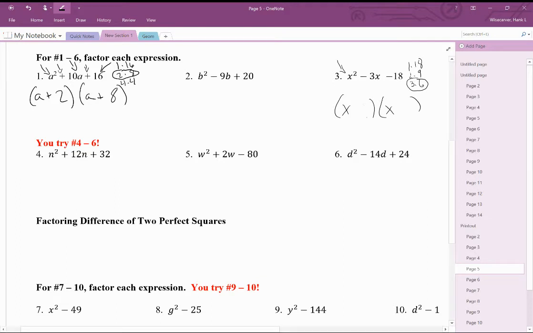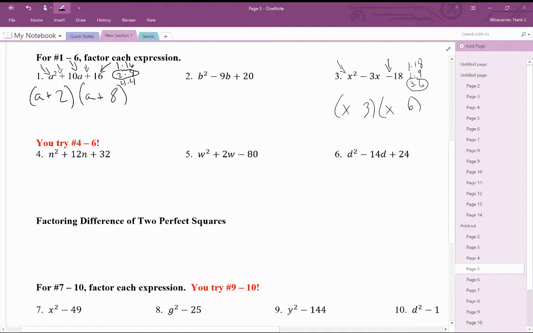Well, we know the numbers now. So 3 and 6, doesn't matter where I put them. With the first problem, when it's positive, it means they're both the same sign. When it's negative, that means they are different signs. So one of these is positive and one of these is negative. The first problem, we had to figure out whether they were both positive or both negative.